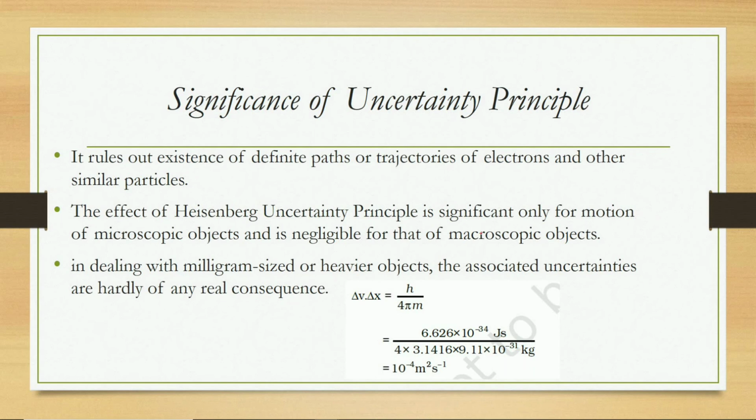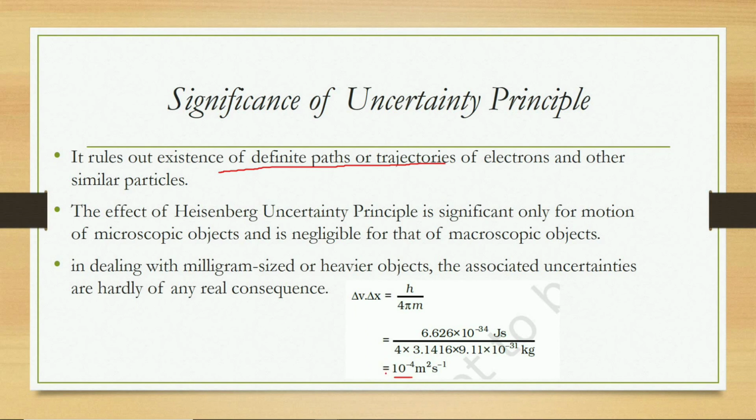Let's see the significance of the uncertainty principle. It helps to determine the trajectory of the electron. It is applicable to microscopic objects and neglects macroscopic objects. Like here we calculate for a milligram-sized object. Here delta v and delta x are equal to 10 raised to power minus 4, which is impossible.